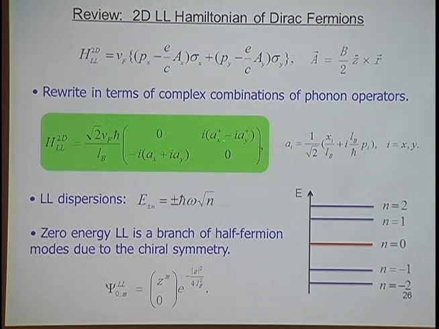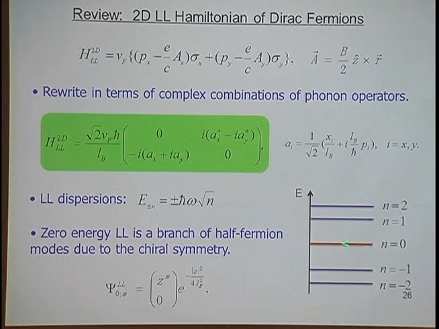You can see a_x and a_y, using complex numbers, make a combination between them. It can be easily proved that the square of this Hamiltonian gives us the non-relativistic Hamiltonian of Landau levels in a supersymmetric pair. So the spectrum is just the square root of the non-relativistic version. We can take the positive square root and negative square root, so the spectrum is symmetric with respect to 0.